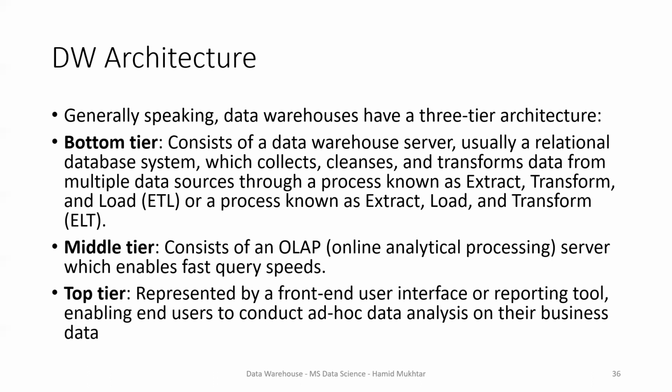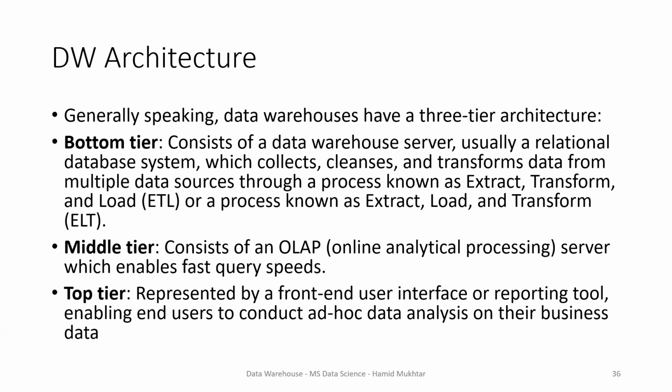The top tier is the one to which a normal user connects, with the middle tier, and the middle tier gets the data from the bottom tier. The bottom tier is where the data is, after cleaning. The middle tier is used to make analysis on the data, and then the top tier gets the data from the middle tier and presents it in different views.